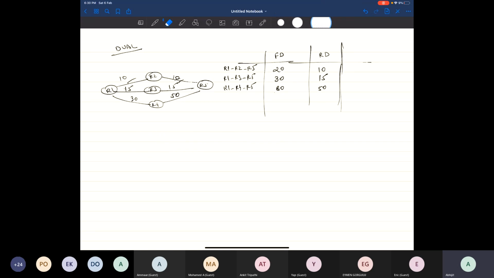Now, here's the thing. Based on these values, the router needs to figure out two values. One, it figures out successor, and it figures out another thing which is called feasible successor.